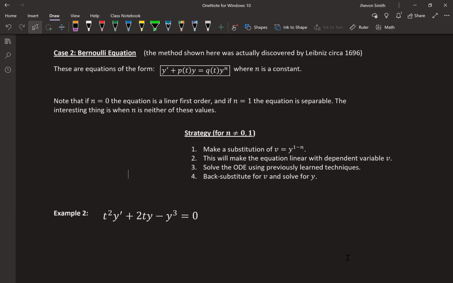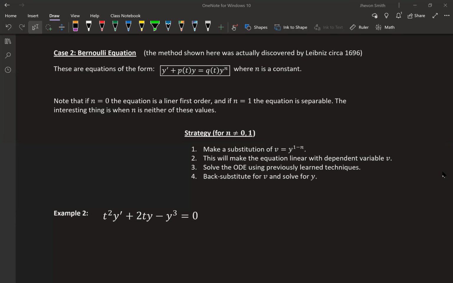Now they have a very special form. It's like they have the left side of a linear, but the right side is different. The right side is specifically the form q of t times y to the nth power, where y is your dependent variable. Any equation of this form is called a Bernoulli equation, or a Bernoulli first order equation.